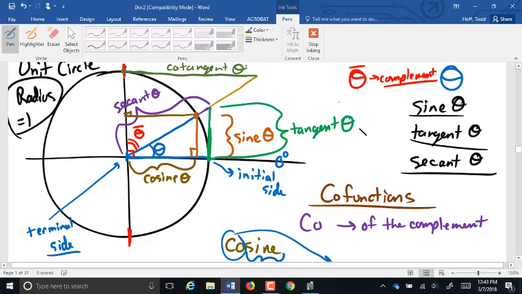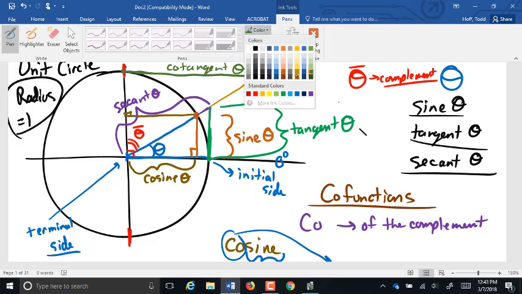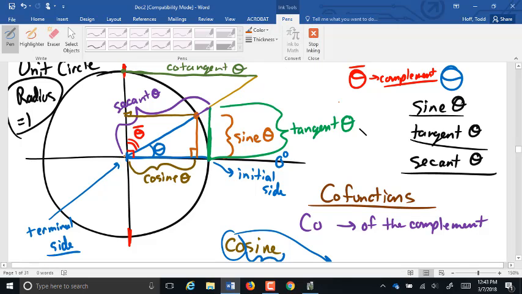It is the tangent of the complement of theta. And our distance, I don't know how to draw this in, I'm getting kind of cluttered, but from the center out to here, that length is the cosecant of theta. It's the secant of the complementary angle to theta.